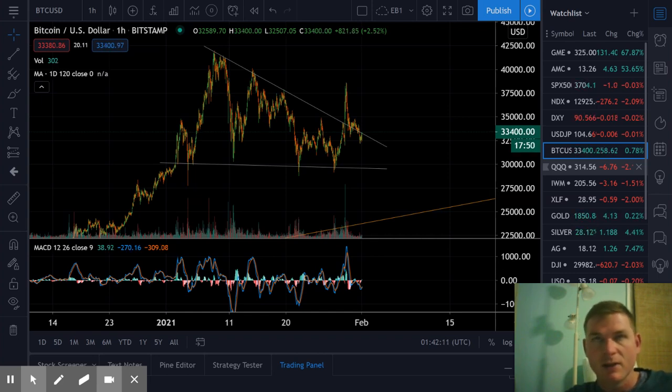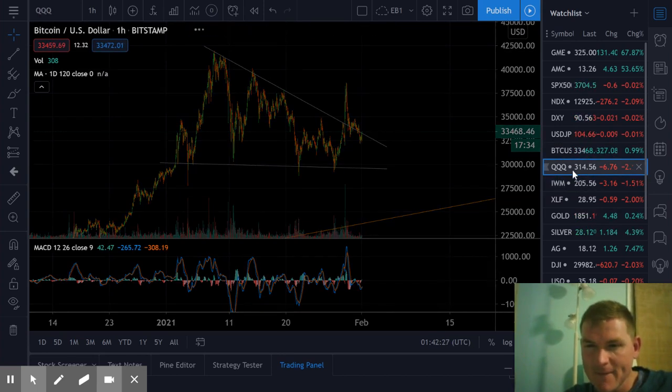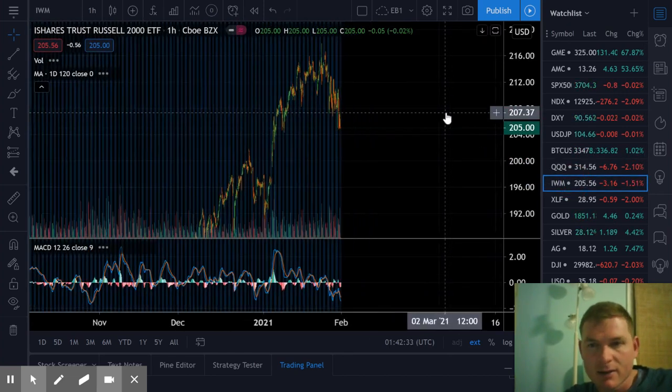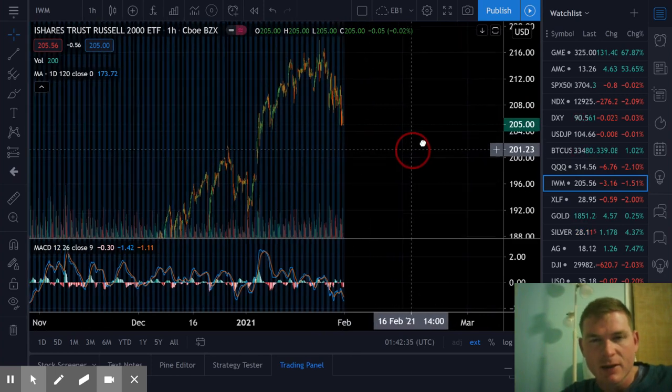This looks like a small sell-off relative to what those hedge funds are holding long, which is probably the FANG stocks and maybe some small caps. And so this is roughly the same chart as the NASDAQ. And that's just the ETF that kind of tracks the NASDAQ.